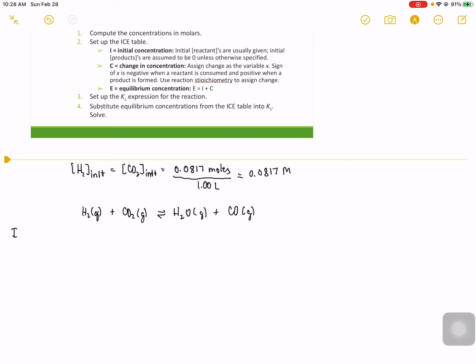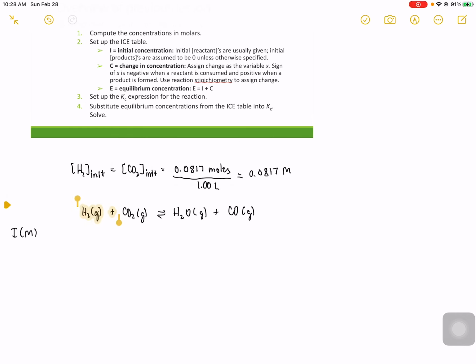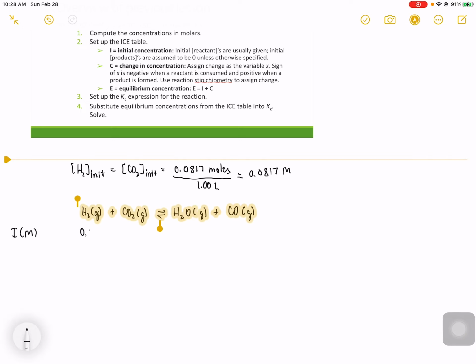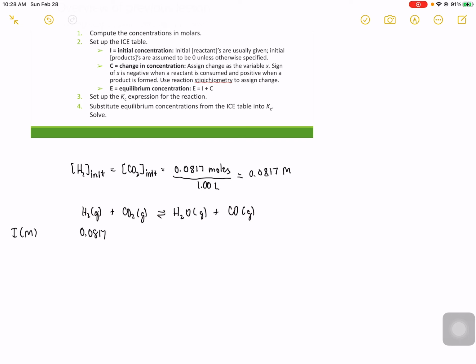Initially, we start off with the following concentrations of our reactants. So namely, there is 0.0817 molars of hydrogen, same with the carbon dioxide. And as for water and carbon monoxide, there is no mention of them initially, so we just simply assume that there are none of them initially present.